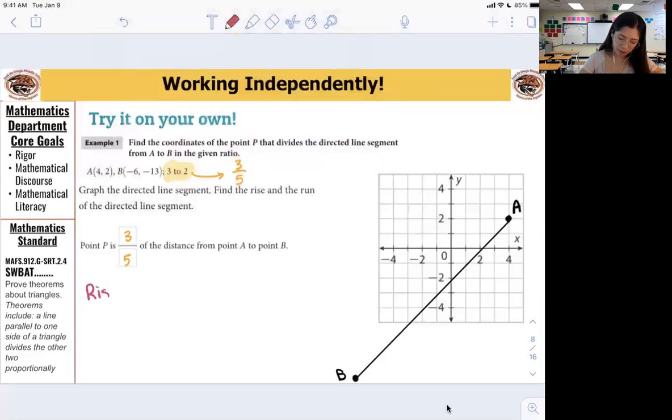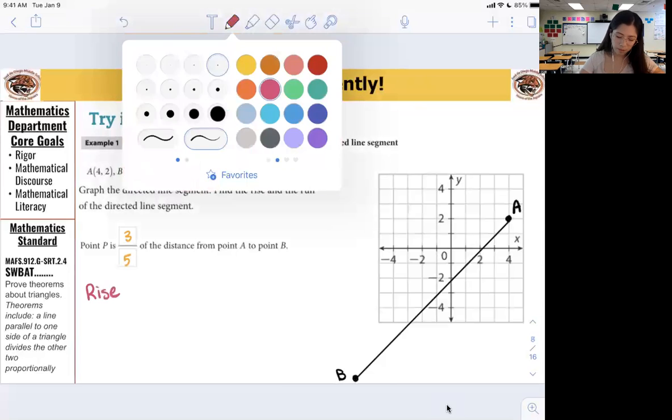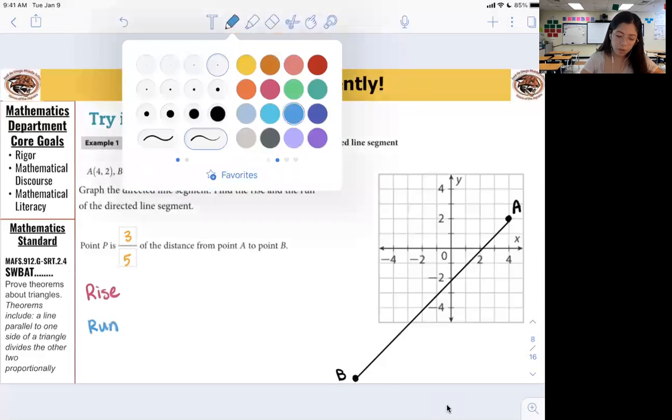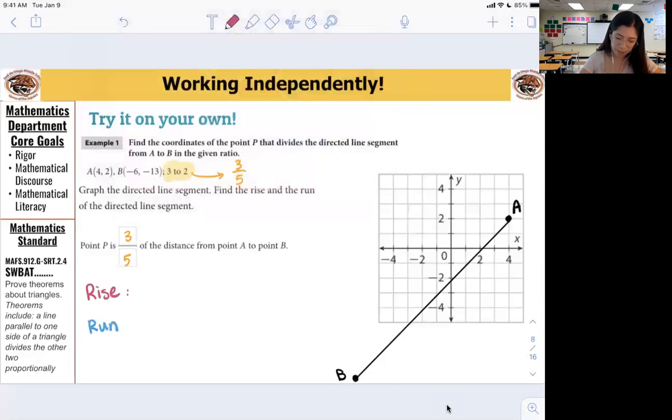Now we got to find the rise and the run. Here's where we're going to be super incredibly careful, because I'm finding the rise and the run in a specific order. Am I going from A to B or from B to A? What does this problem tell me to do? Good, Tyrone.